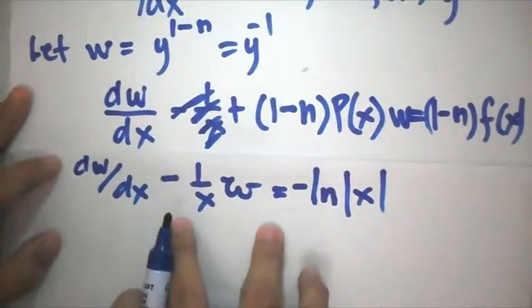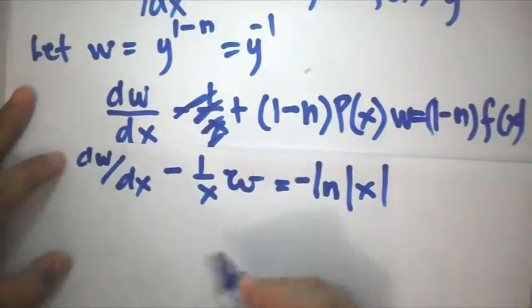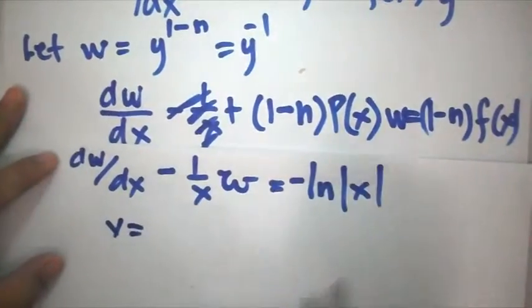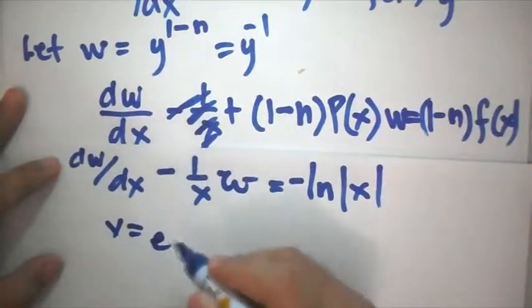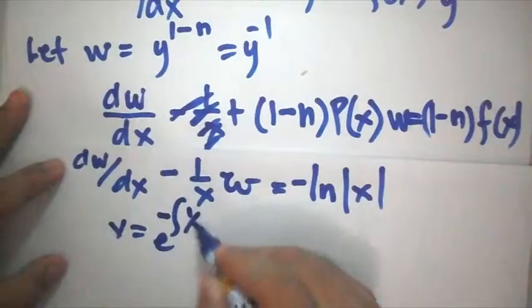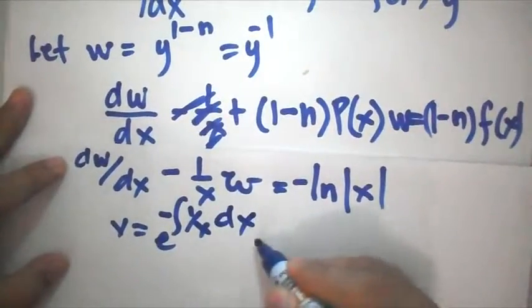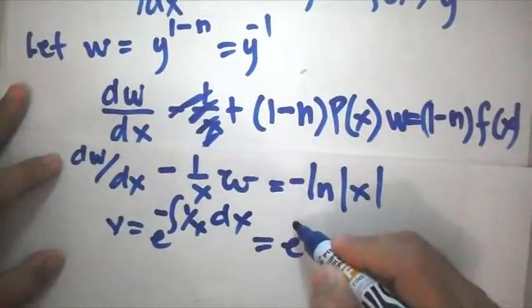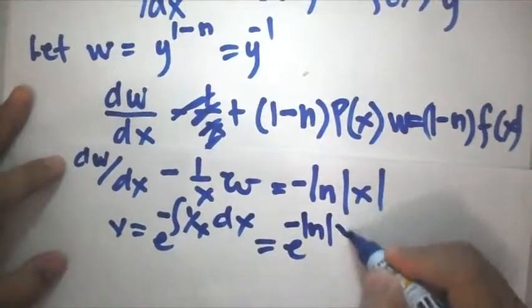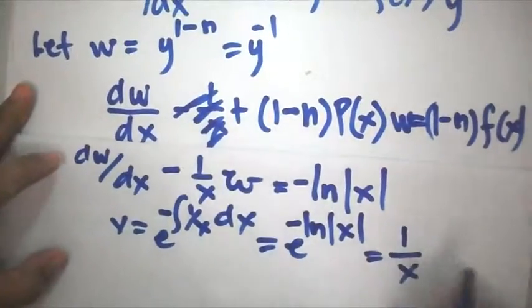So now we have to get the integrating factor of this equation. So let v be the integrating factor: e to the power of negative integral of 1 over x dx, which becomes e to the power of negative ln x, which is equal to 1 over x.